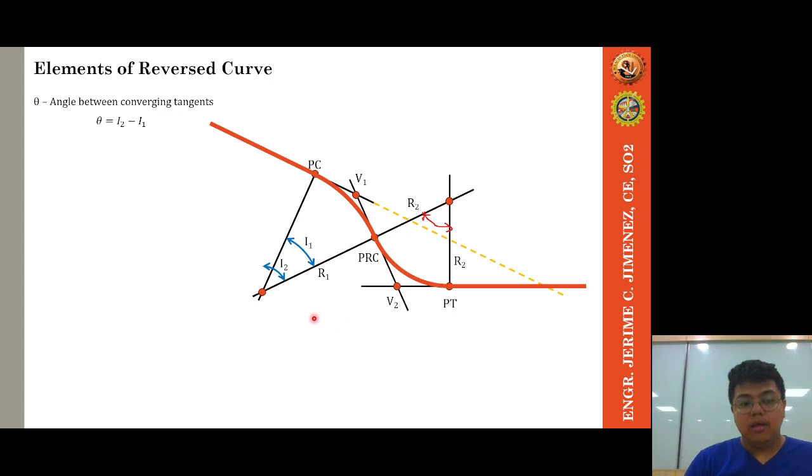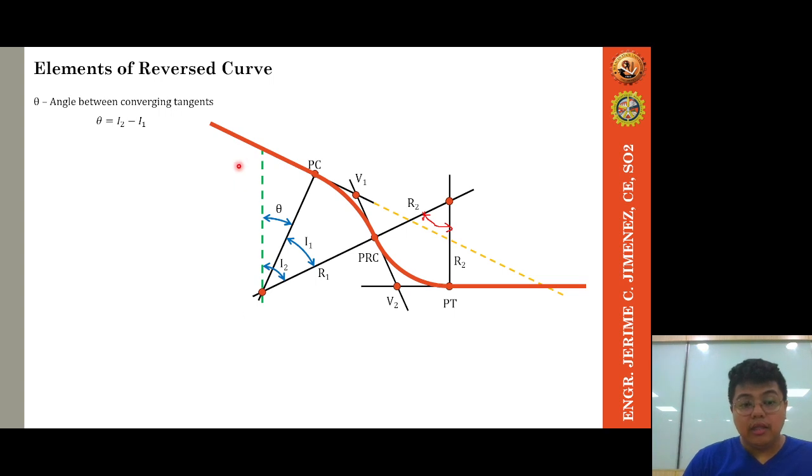And then, we draw a vertical line from the origin of the first curvature, papunta naman sa back tangent. And definitely, meron po yung angle, and that angle is I sub 2 minus I sub 1, or what we call the angle between converging tangents.